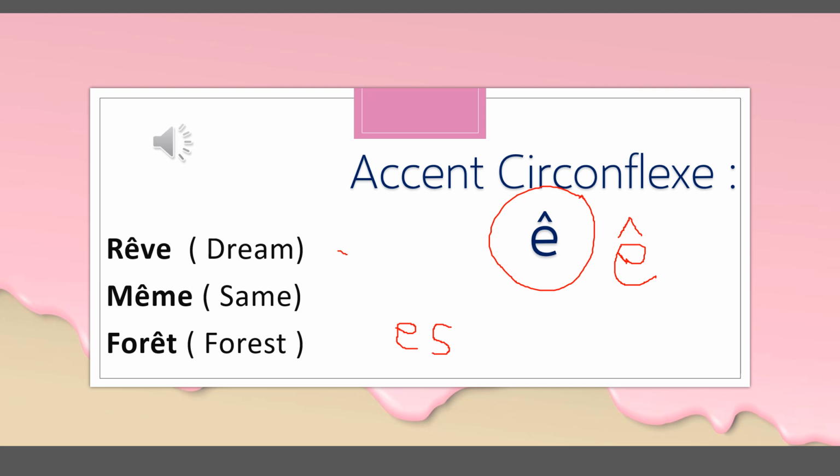So this one is actually a combination of the grave and the aigu. It's like two bars that join into this little hat. So why? To emphasize really just a deeper pronunciation.